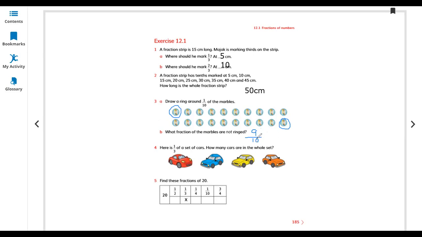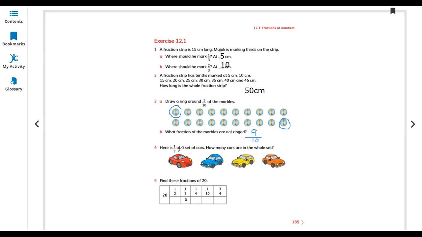Here is 1 by 3 of a set of cars. How many cars are in the whole set?